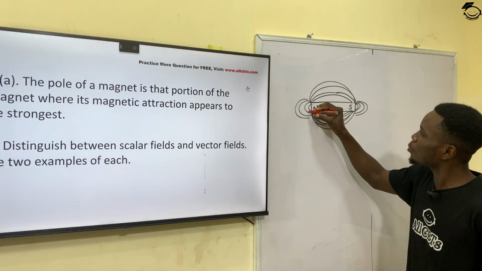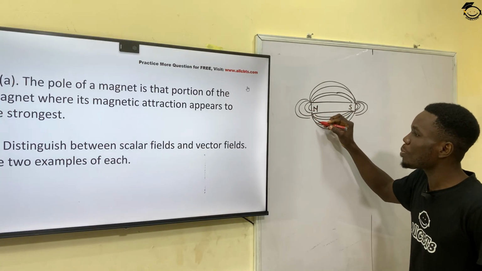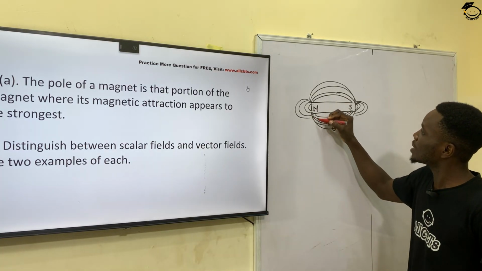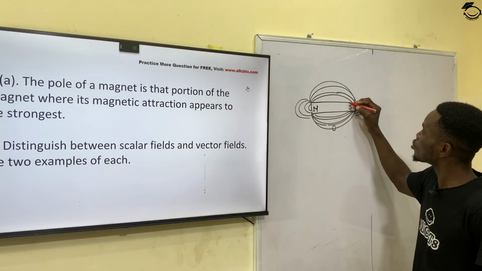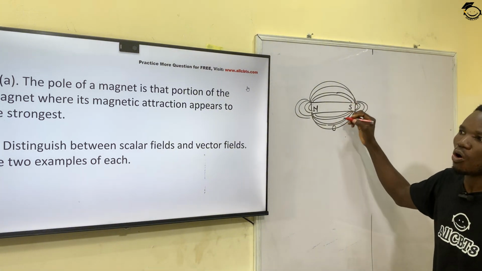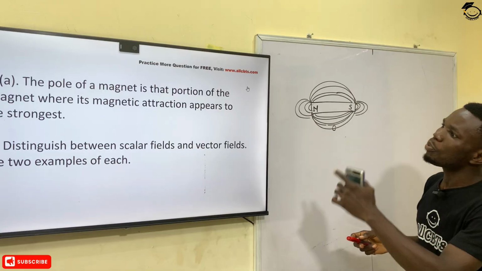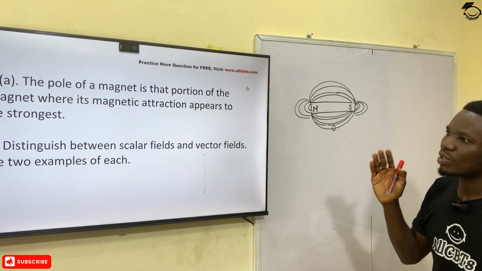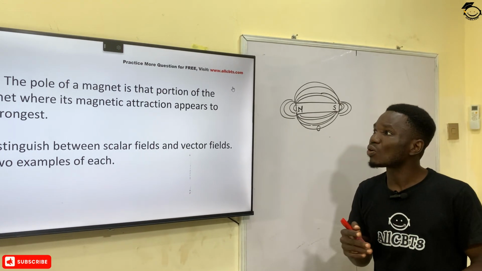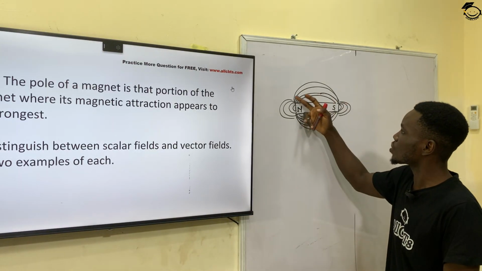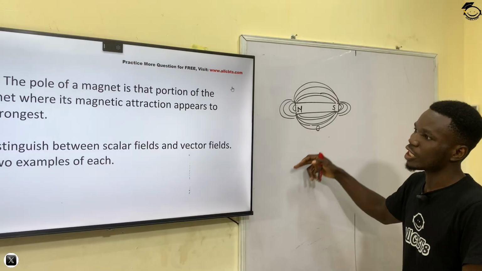At the poles is where the magnetic properties are concentrated. So at the poles, we have a greater portion of what? Magnetic attraction. So the pole of a magnet is that portion of the magnet where the magnetic attraction appears to be the strongest. That is where you have the highest concentration of their magnetic strength.